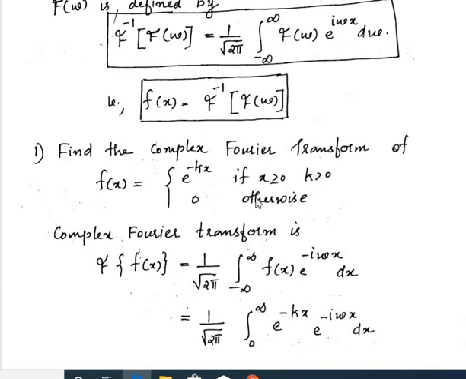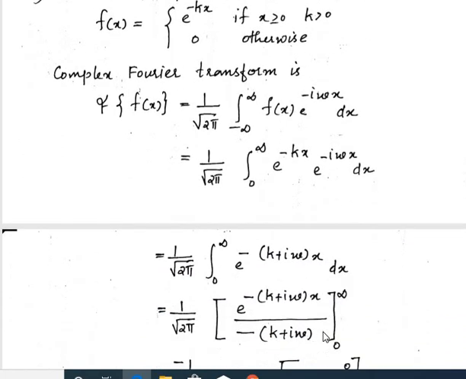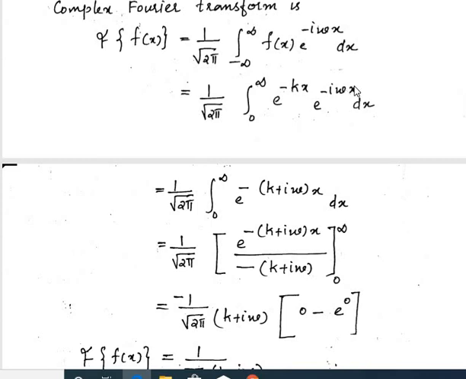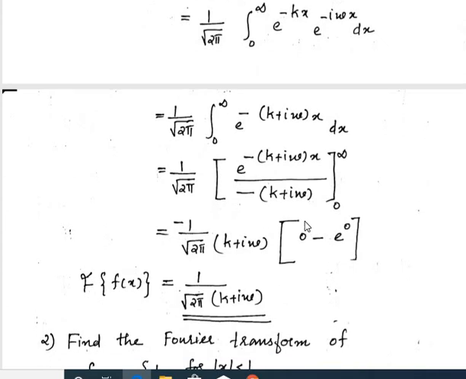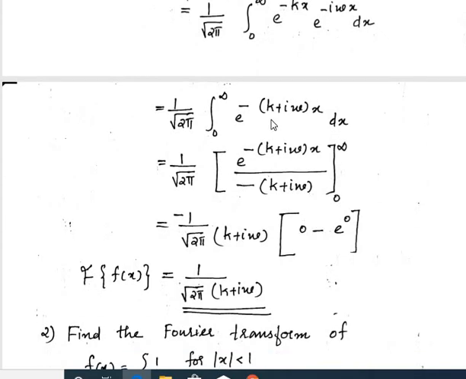The upper limit is infinity and the lower limit starts from 0, and the function is e raised to minus kx. Now we can add the powers of the exponential, so it is minus kx minus i omega x. We can take the minus x outside, so it becomes minus x into k plus i omega. Now we integrate with respect to x: the integral of e raised to minus (k plus i omega) x is e raised to minus (k plus i omega) x divided by the derivative of the exponent, minus (k plus i omega), with limits 0 to infinity.